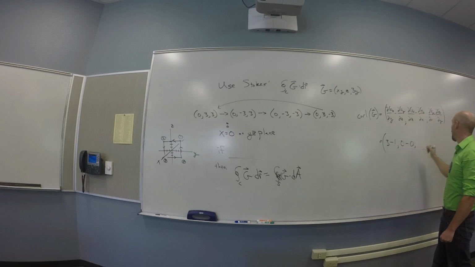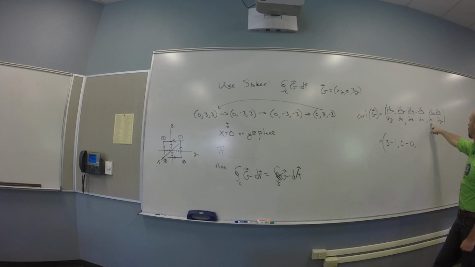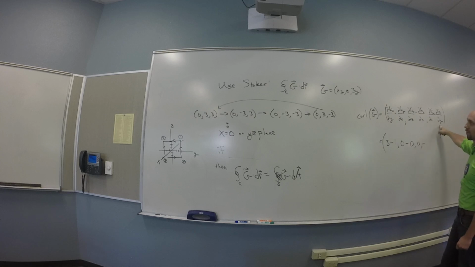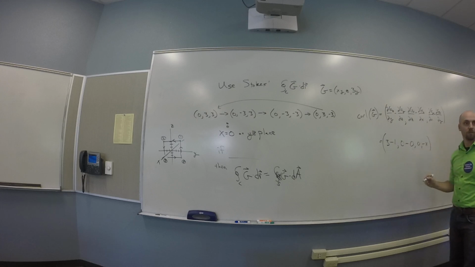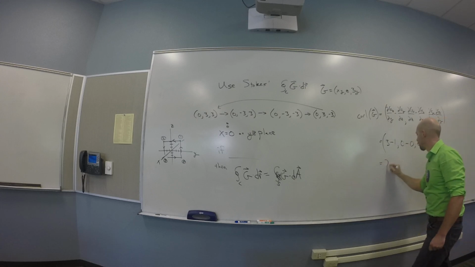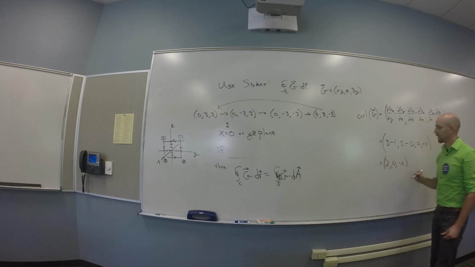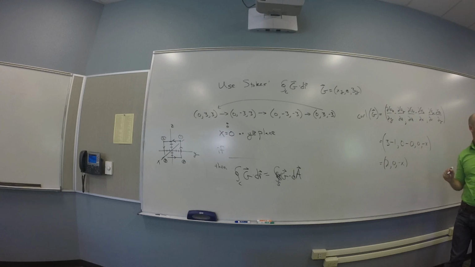Also 0. And the x partial of the y component? 0. And the y partial of the x component? Okay, x. So all told, I got (2, 0, negative x). That's convenient, right?